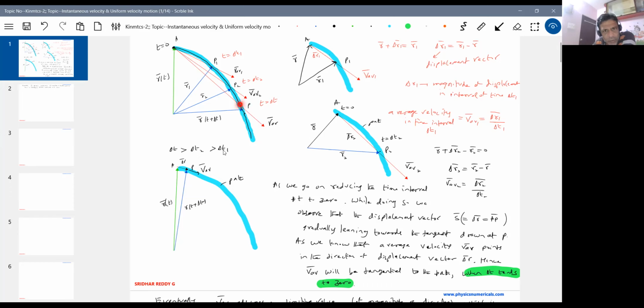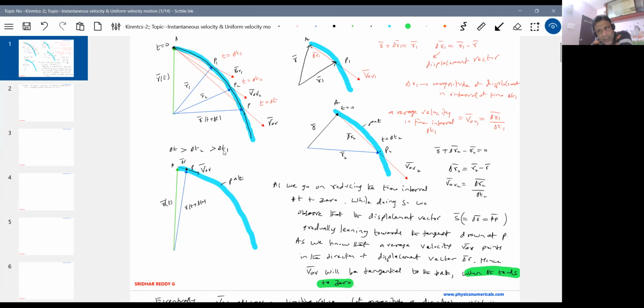As the point P moves very close to A, the angle between the velocity vector and the tangent to the path keeps on decreasing. So if delta t tends to 0, then P will become very close to A. Then delta r bar will be tangential to the path, and delta r bar will become the displacement vector.